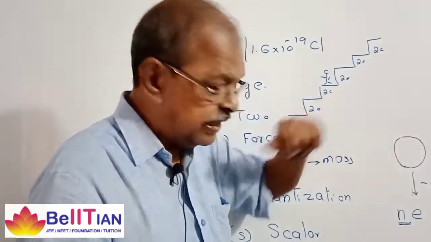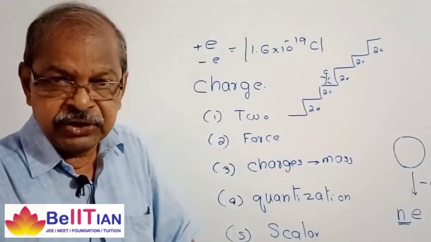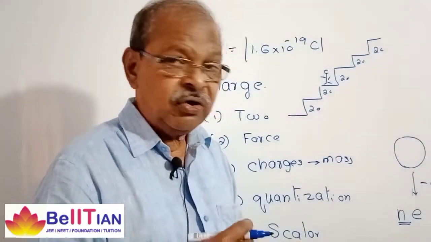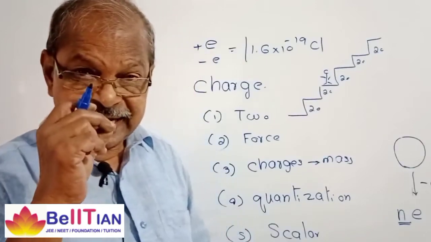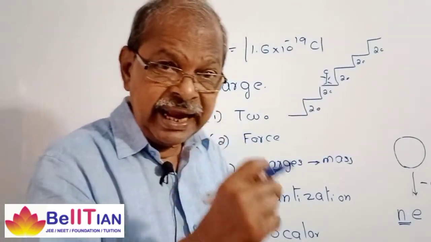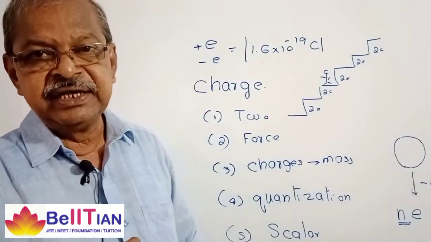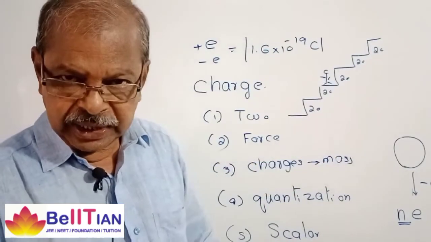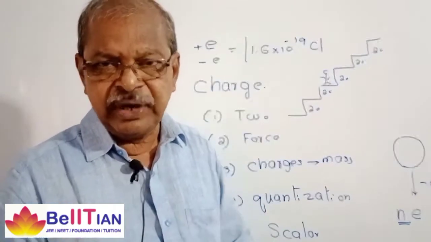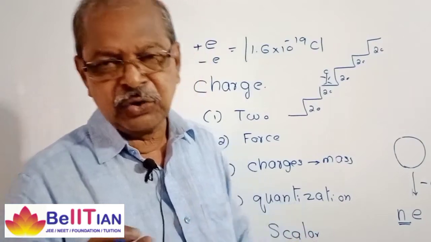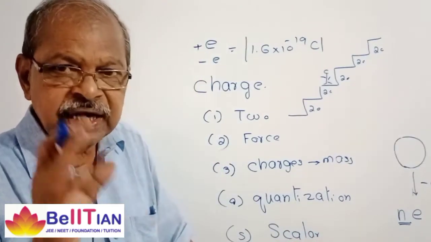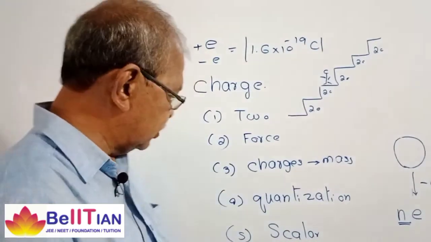If the body is negative and I want to make it neutral, I have to remove electrons. These electrons are removed or added either to make a body charged or to make it neutral. You are not destroying any electrons or protons. So the total charge in this universe remains constant.